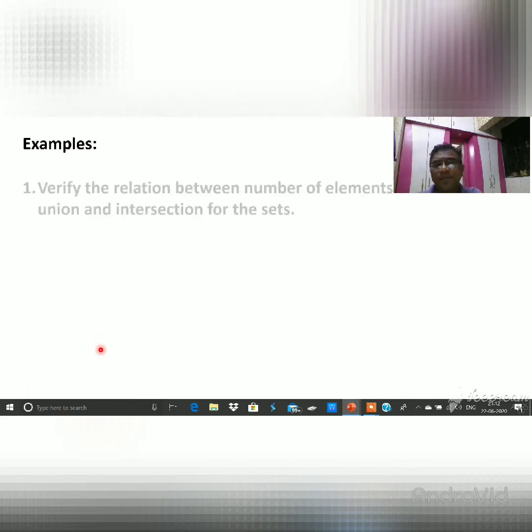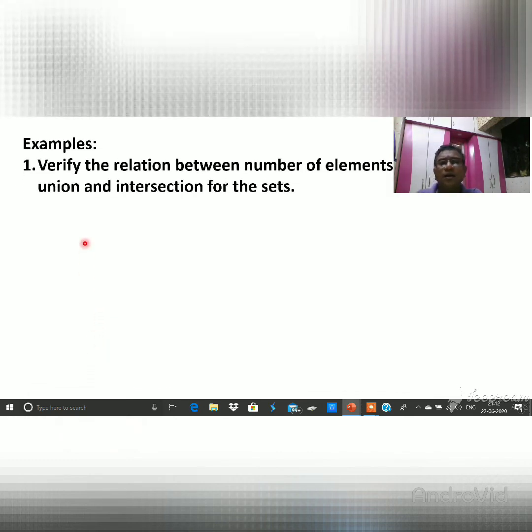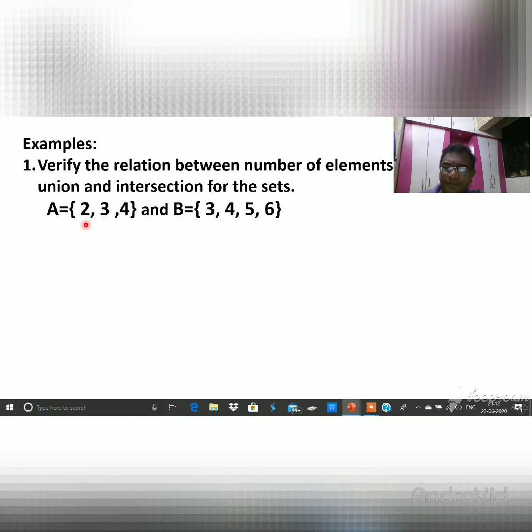Now see another example. Verify the relation between the number of elements, union and intersection for the sets. That means you are going to verify the relation for union and intersection. A is equal to {2, 3, 4} and B is equal to {3, 4, 5, 6}.